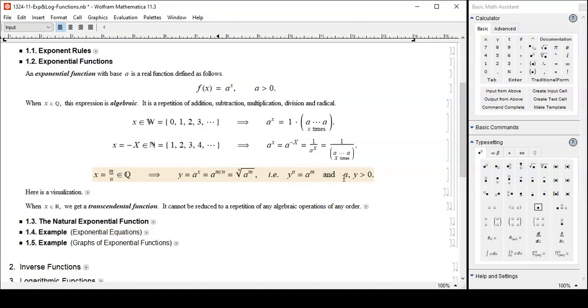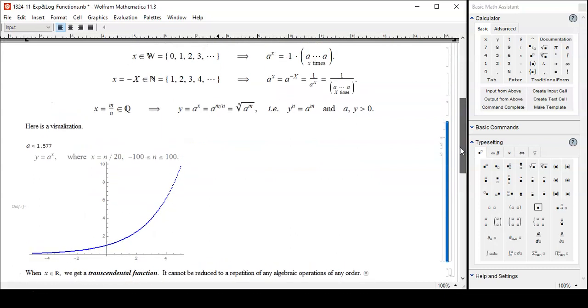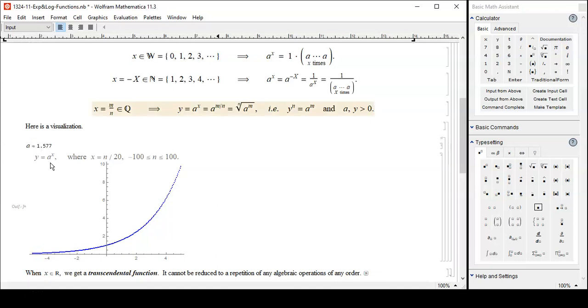Now, in order to help you understand, let me give you some visualization. I hope this will help you understand even better. Here, the program is randomized, so I ended up with a equals 1.577, and I plotted a to the x power, where x is a rational number.